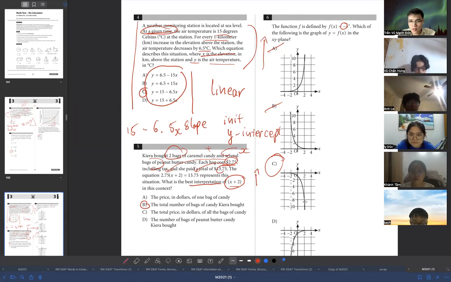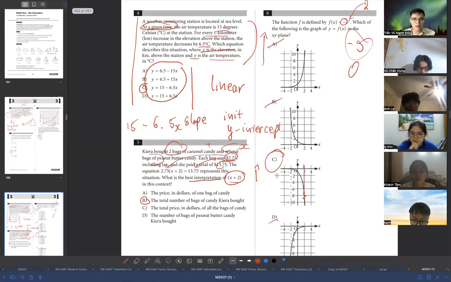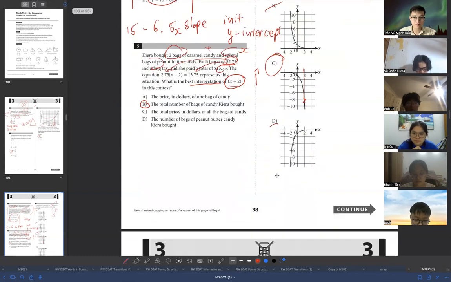For example, you can clearly see this one is quite near to 8 or something. You can plug in x is 2 into this equation and you get 9, so it's here. So you have minus 9. If this is not 9, if this is say 0, the correct answer would be D, but in this case it is 9, so it's C. There are many ways to do this. You can choose the quickest way possible for yourself.